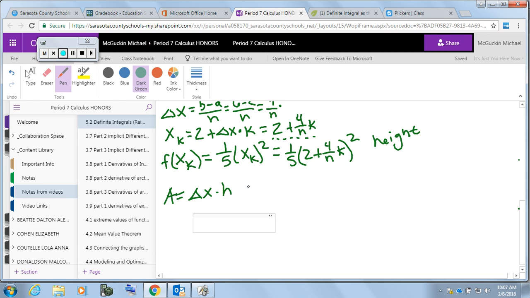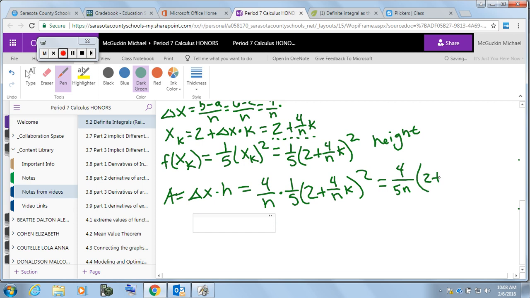So the area, in this case, the delta x was 4 over n, and the height we just said was going to be 1/5 times 2 plus 4 over n times k quantity squared. Simplifying this a little bit more, we get 4 over 5n times 2 plus 4 over n k quantity squared.